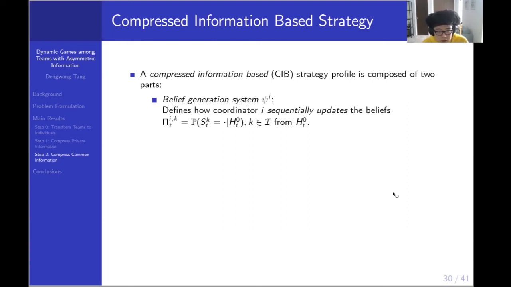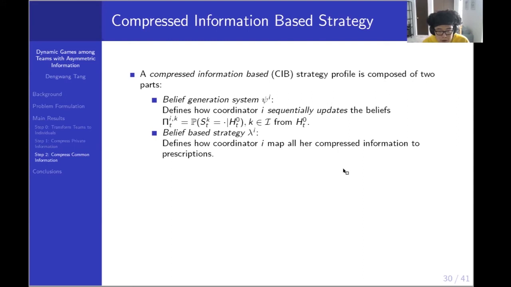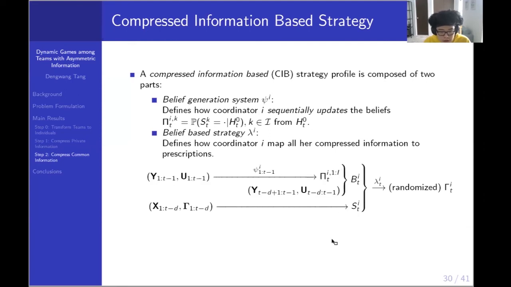These functions define how coordinator i sequentially updates the beliefs from the common information. Then the second part is a belief-based strategy, which defines how coordinator i, after compressing the common information into beliefs, maps those beliefs to the prescriptions. So a diagram will be like this.